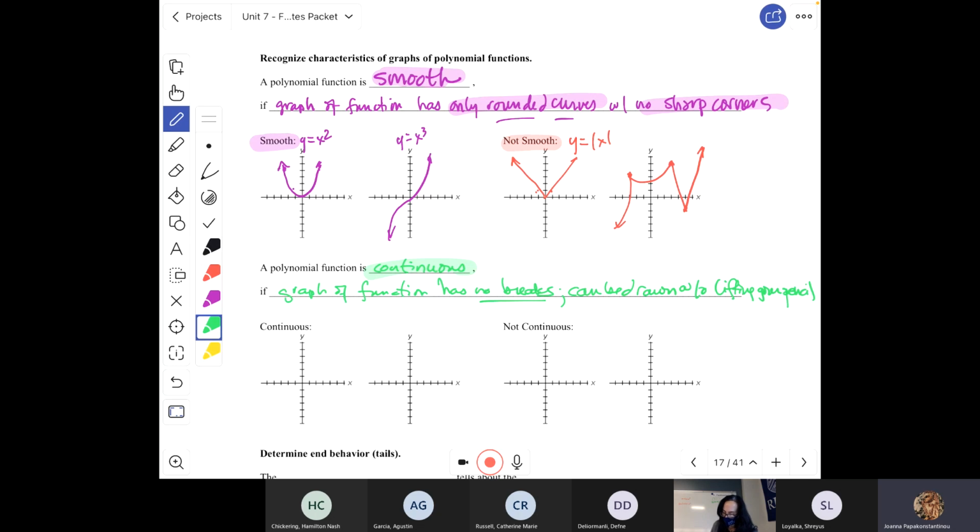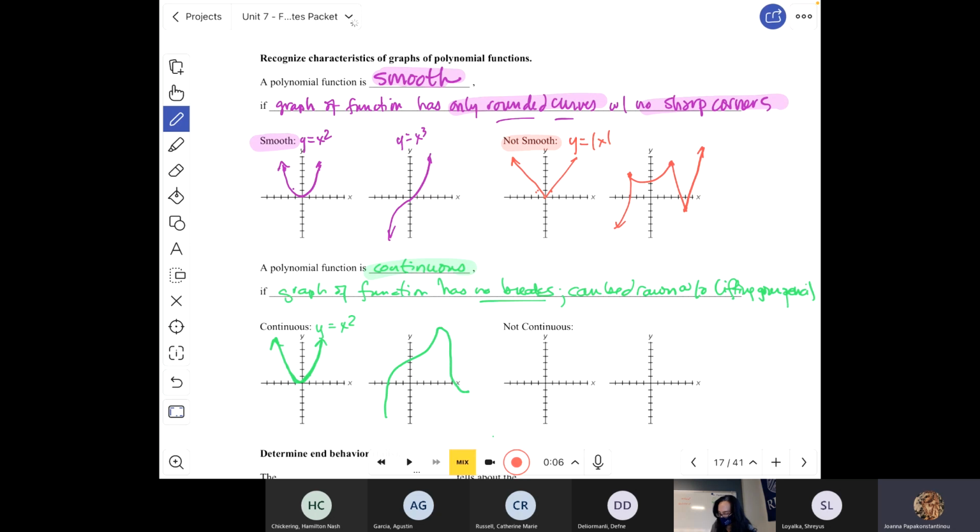So again, continuous, we could still use y equals x squared. That still works. I mean, I lifted my pencil, but I could draw it without lifting my pencil, right? Or I could have this. That's continuous. That's a hideous function, though, so let me just leave it.